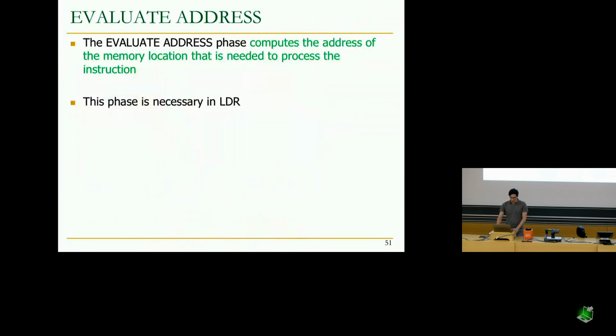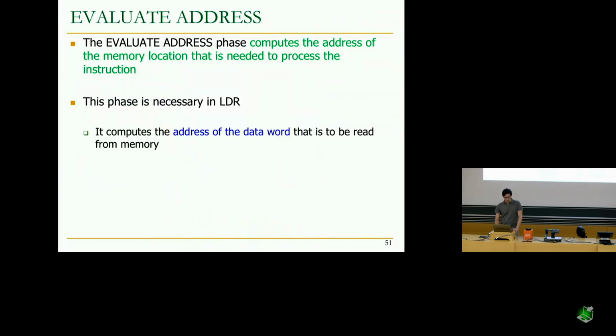So next, the evaluate address. This phase is necessary in LDR because we need to calculate one address. It's going to be used to compute the address of the data word that is going to be accessed in memory. Recall that in load word, what we do is take one register as the base address, and then we add some offset.